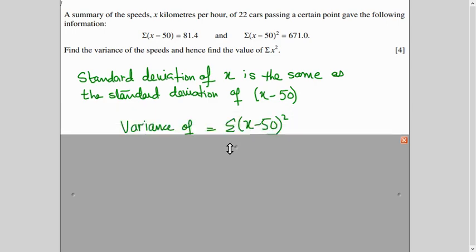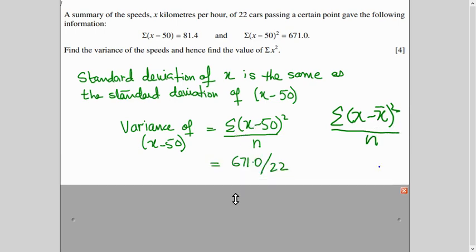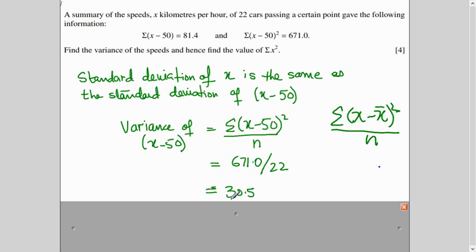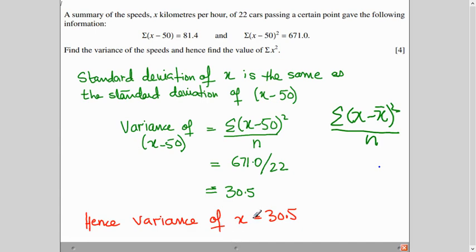So now, to find the variance of x minus 50, I will simply apply the formula I have just shown you, sigma x minus mean square over n. We are applying this formula and getting the variance. This is the variance of x as well. So you can mention it here. Variance of x is 30.5.